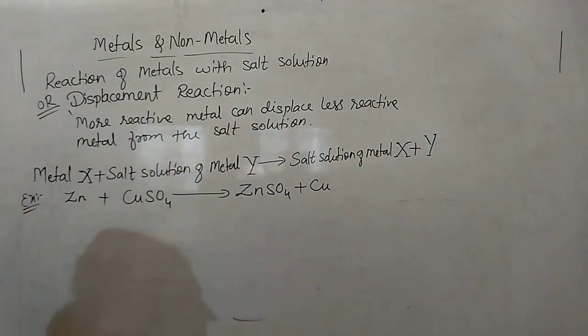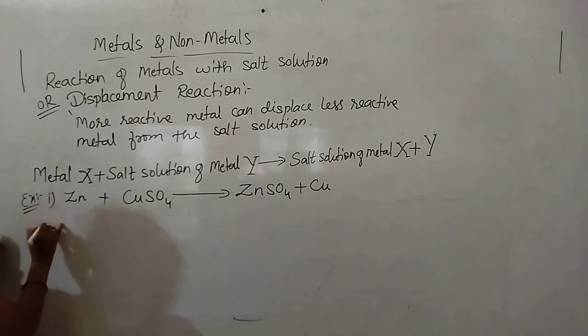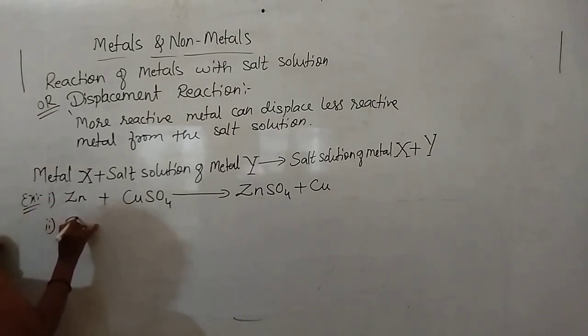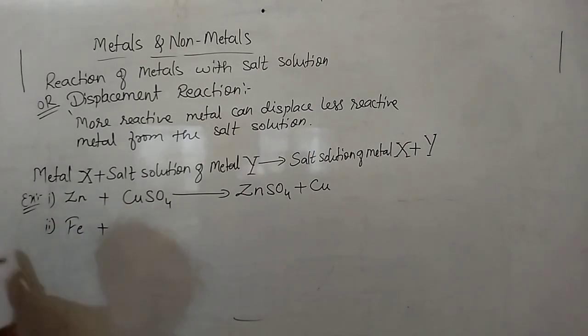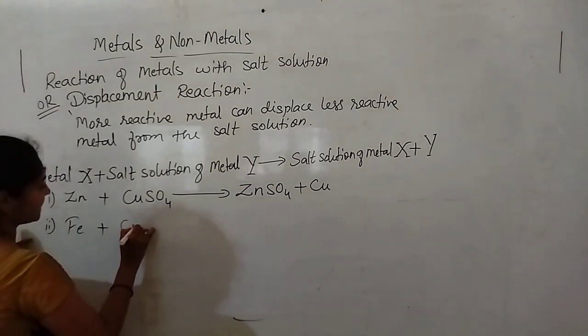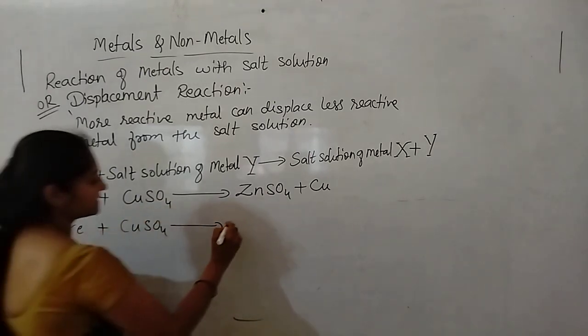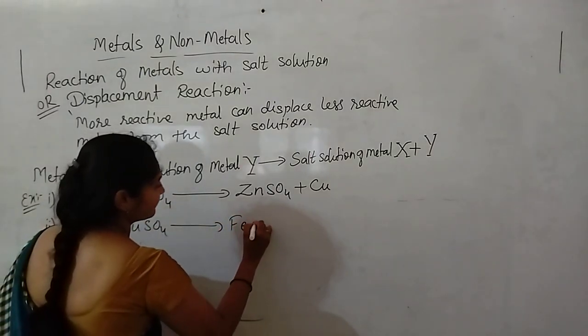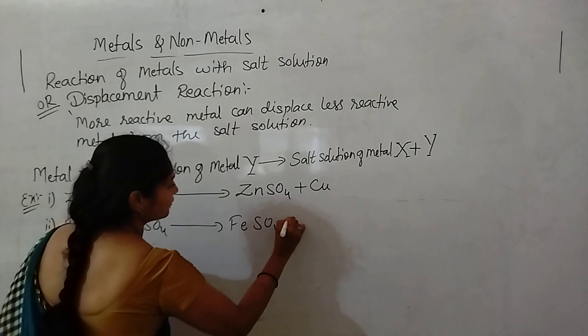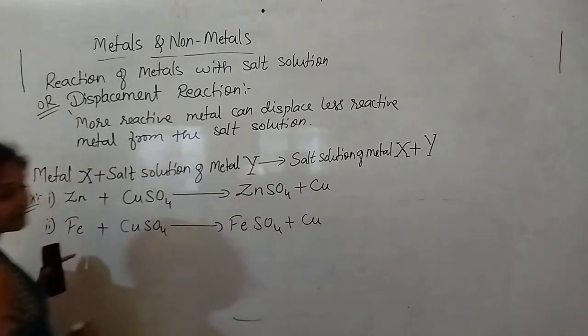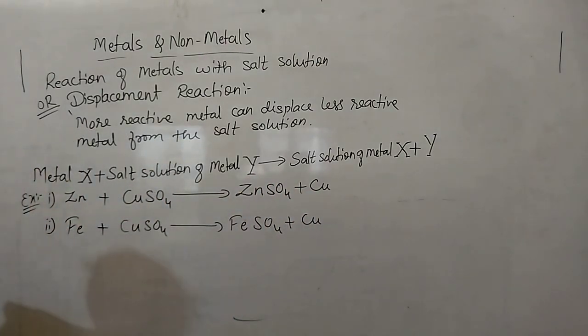Like that, take another metal, another example like iron. When this iron reacts with copper sulfate, the copper is replaced by iron. Therefore FeSO4 plus copper, that is Cu.